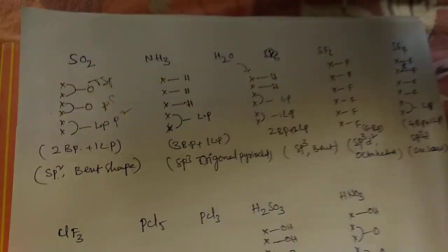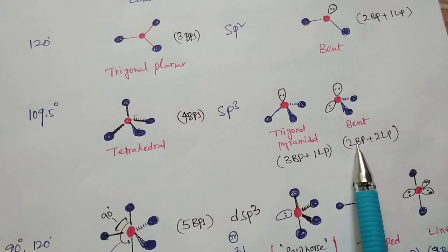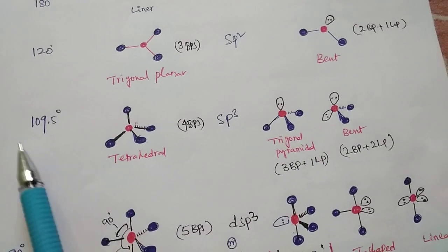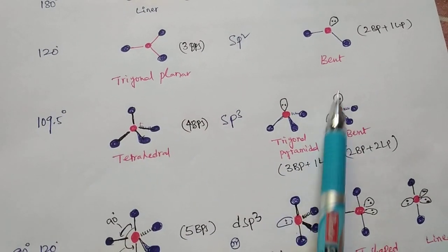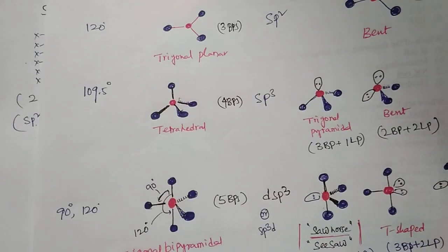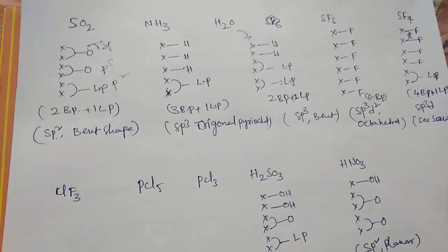That's the reason I explained earlier: 2 bond pair, 2 lone pair, sp3 hybridization. So 4 bond pairs means this is the bond angle. Now you have 2 lone pairs, so it will be a smaller bond angle when compared to 109.5 degrees.